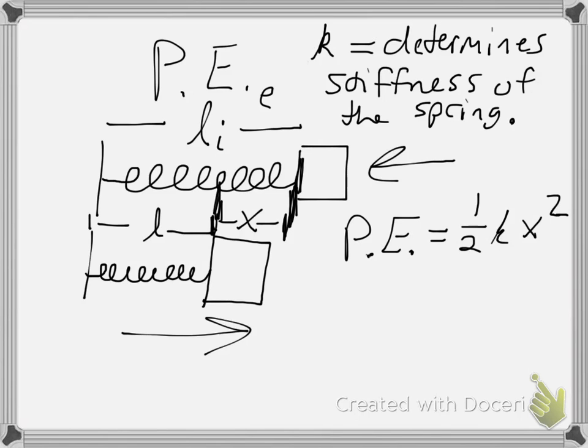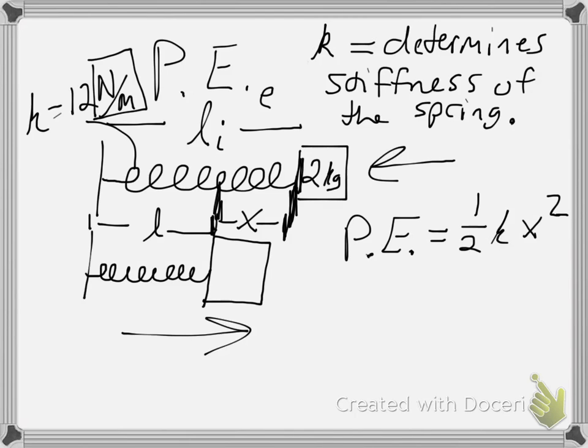Okay, so let's just do a quick example here and see how to use conservation of energy in spring systems. Let's say that our block here is 2 kilograms, and our spring has a constant of 12 newtons per meter, and that's the units of the spring constant, newtons per meter.